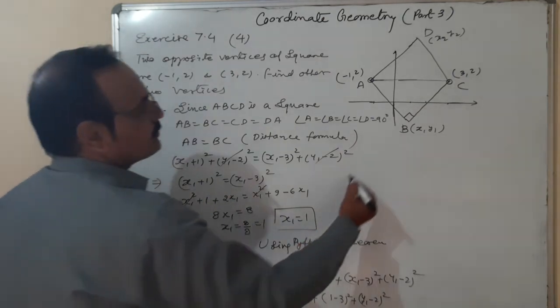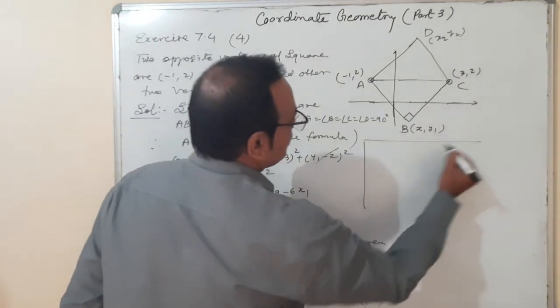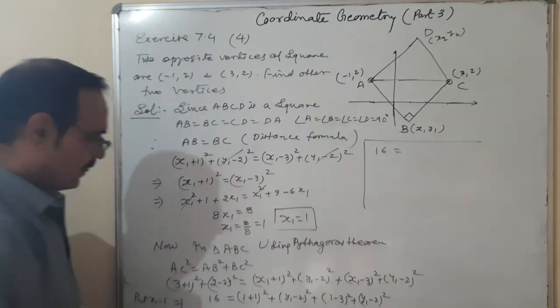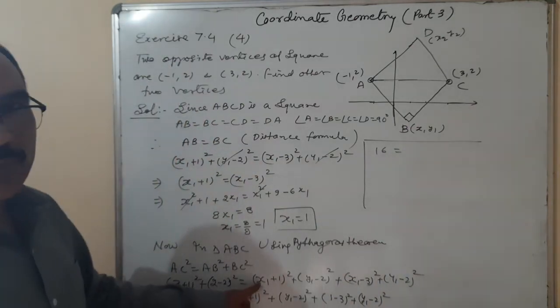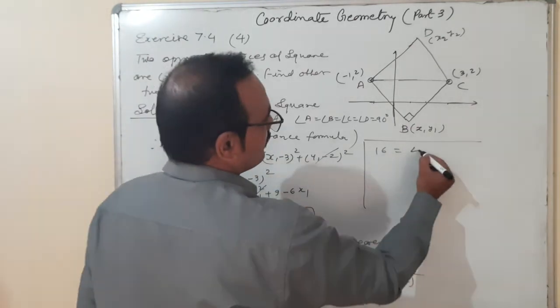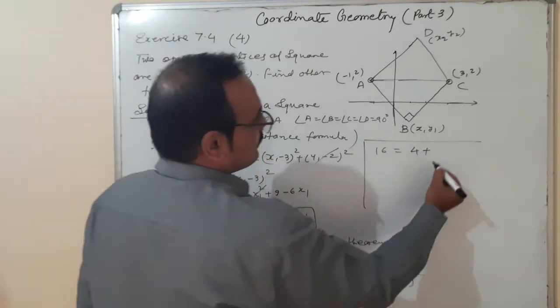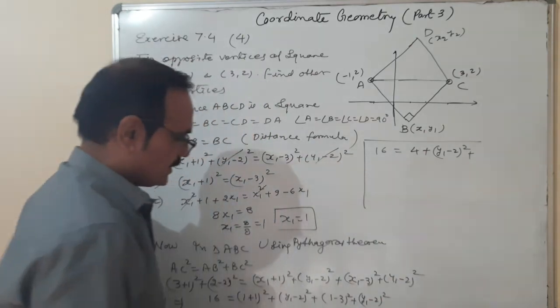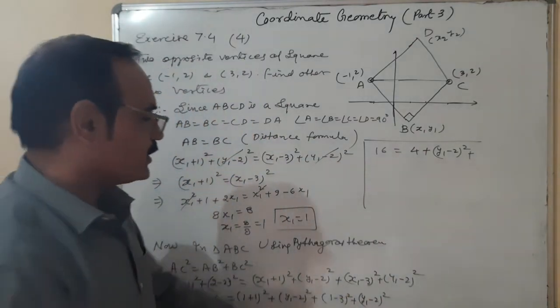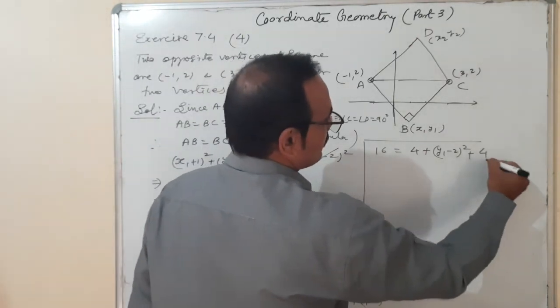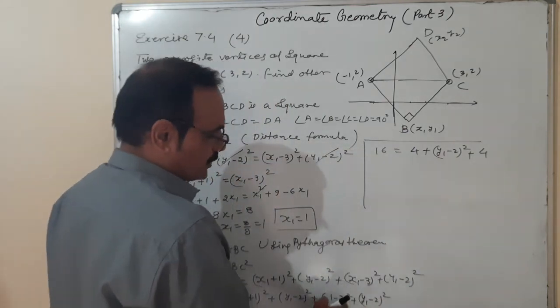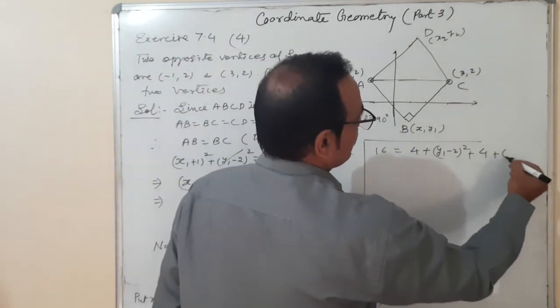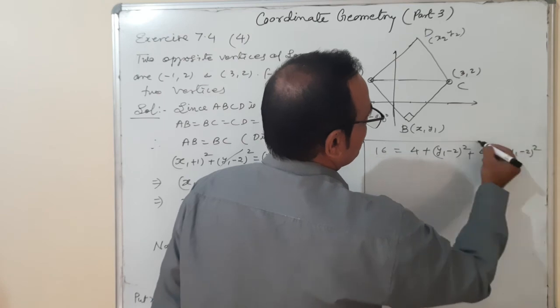16 is equal to 4 plus (y1 minus 2) whole square plus (1 minus 3) whole square, which is 4, plus (y1 minus 2) whole square.